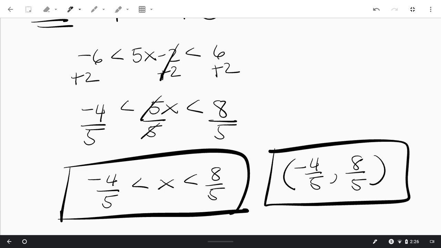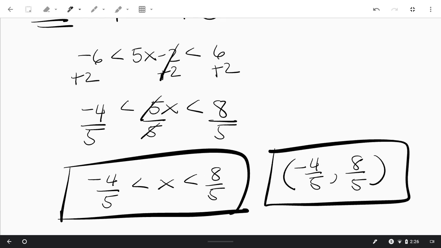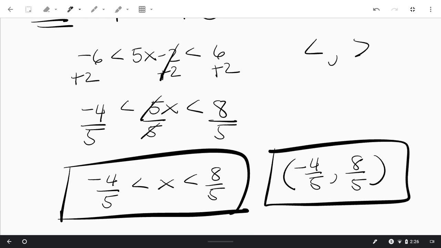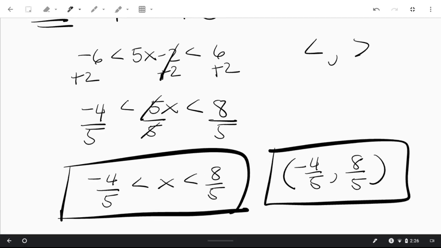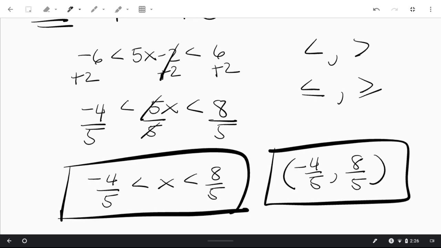Again, we use parentheses if you have this one or this one. When you have that inequality or the other one, you're using parentheses. But when you have the less than or equal or the greater than or equal, then you can use the brackets. Top one, use parentheses. The bottom ones here, you use brackets.